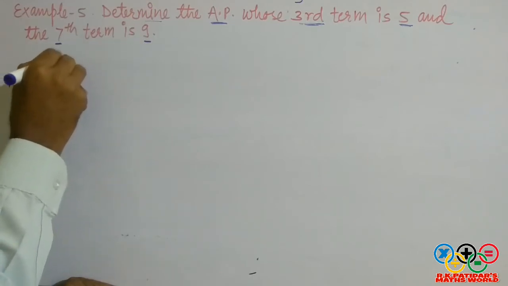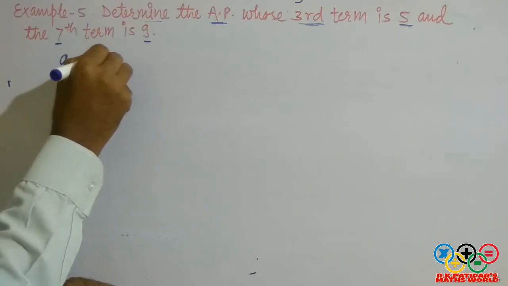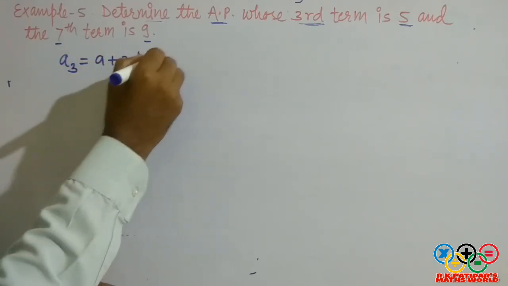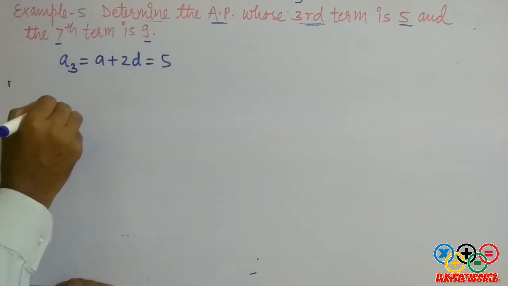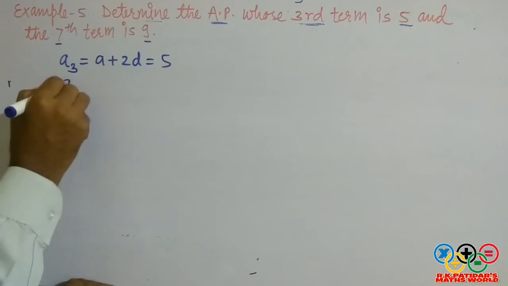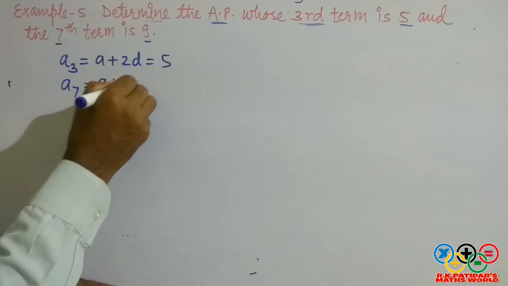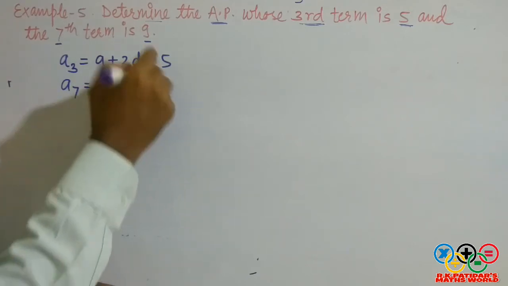So what is given? Third term is given. And we know that the third term is what? A plus 2D. And this is given, it is equal to 5. Okay. Now the second thing is seventh term. Seventh term means it is A plus 6D. Formula for seventh term is what? A plus 6D. And it is given what? 9.